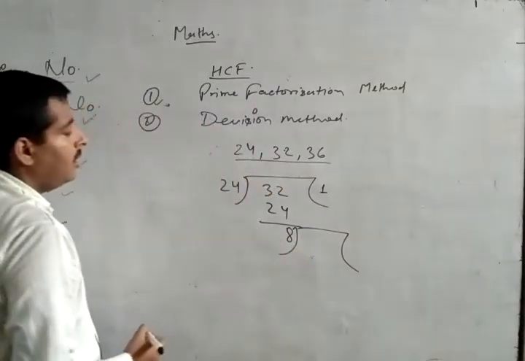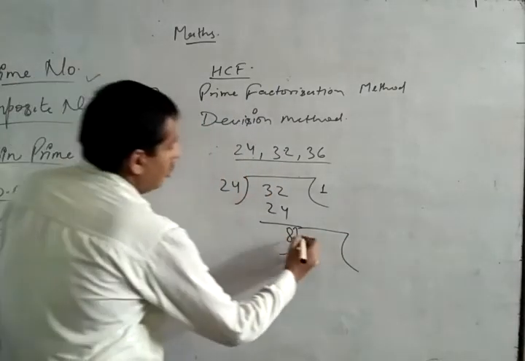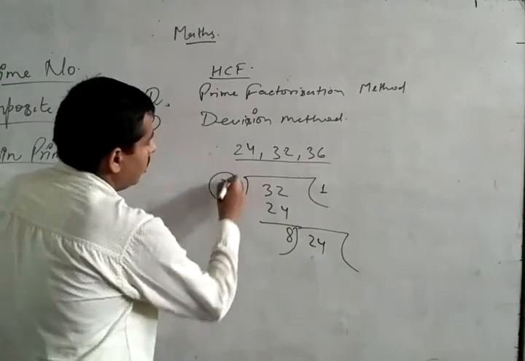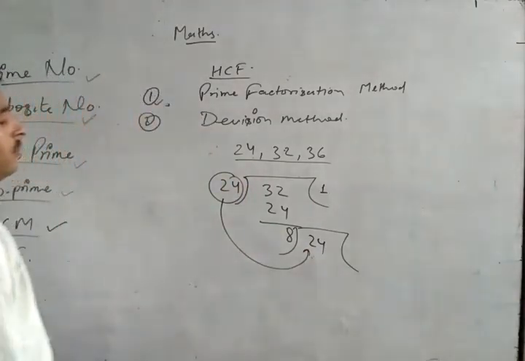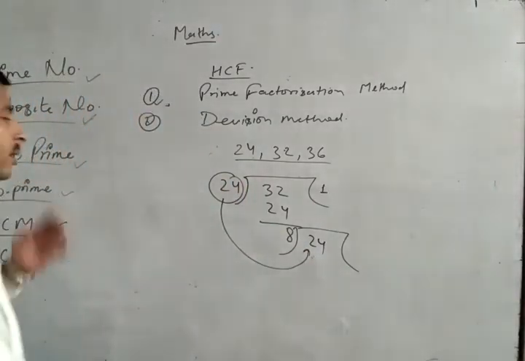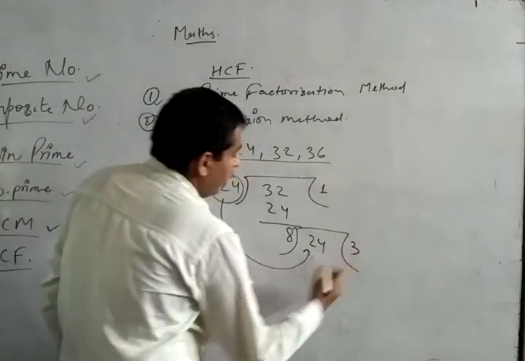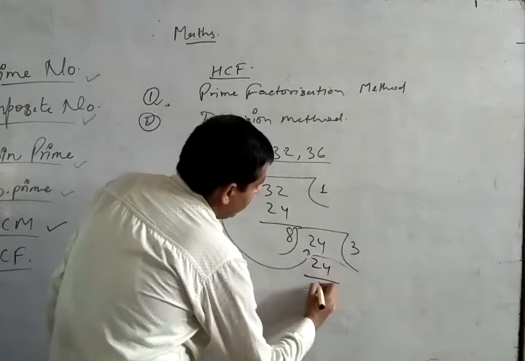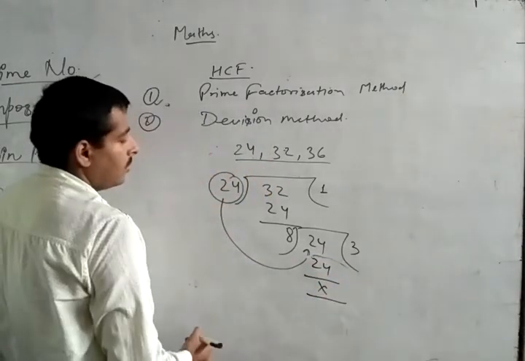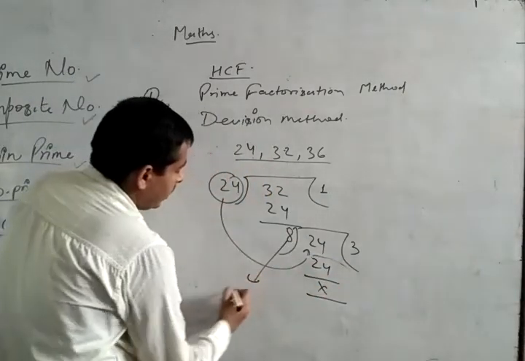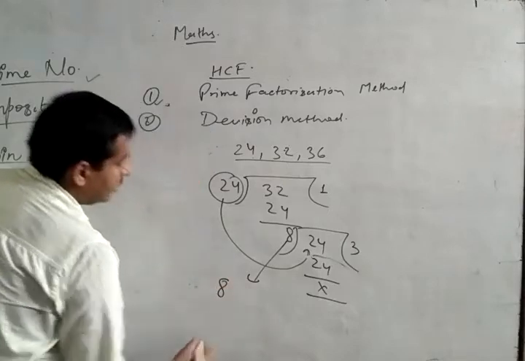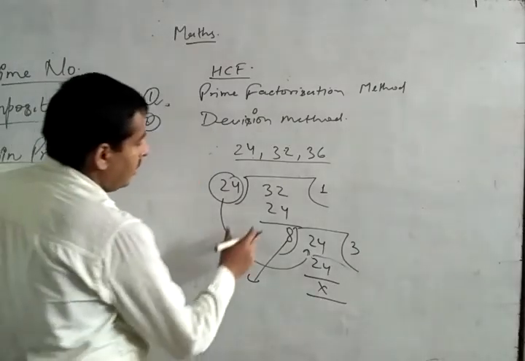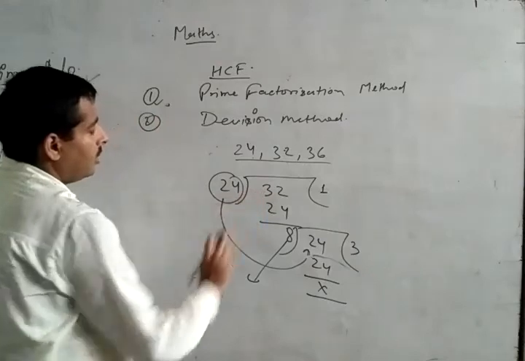After we get the remainder 8, we will divide the quotient by the remainder. We will get 3 times, that is 24, remainder nothing. Means this 8 is the HCF of 24 and 32.